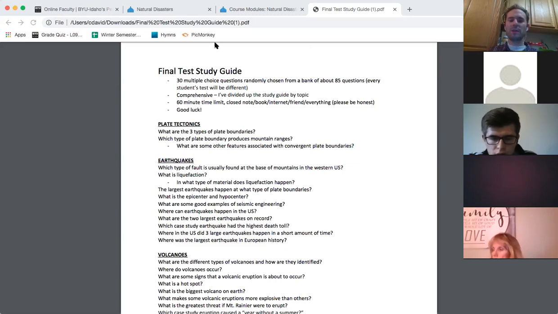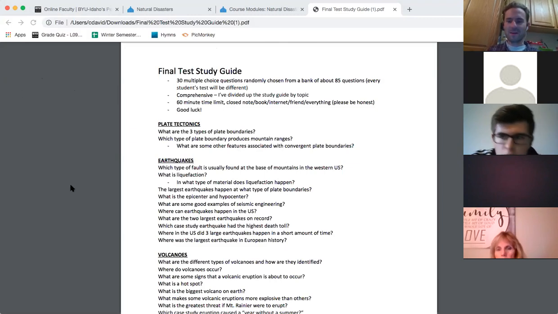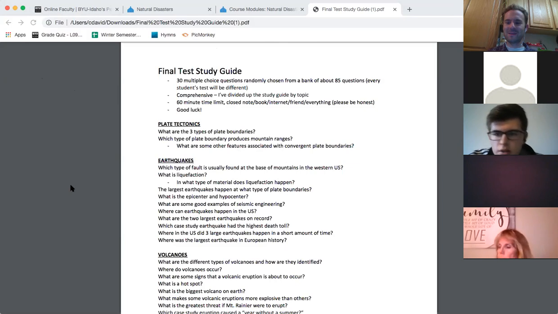Now, who remembers the direction of movement for the convergent, divergent, and transform plate boundaries? Anybody? Okay, which one is where they're colliding together? Who remembers that?